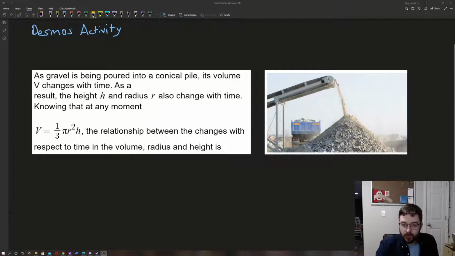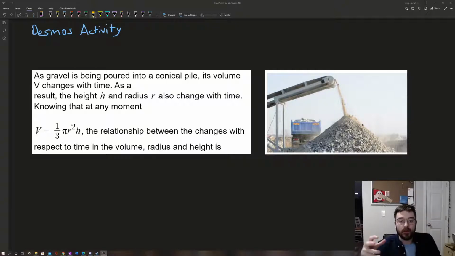Related rates problems are different than what we've done before because we're going to actually use equations like volume or area, or what else is there? Not surface area, but you might see that in AP Calc if we were in AP Calc. But in this practice problem, we've got gravel that's being poured onto a conical pile.